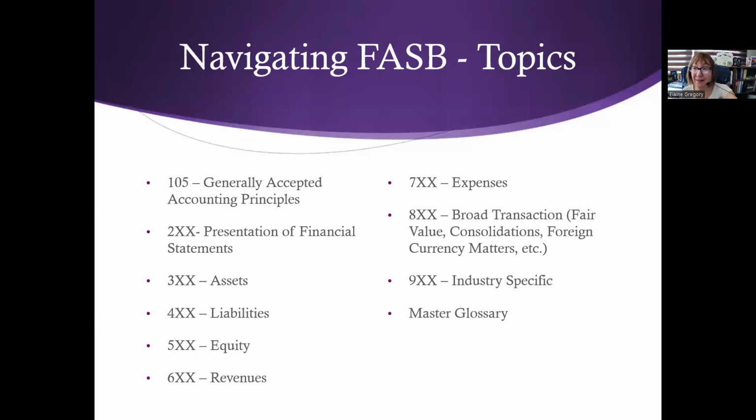They're presented in the FASB, but it would take quite a while for you to muddle through all of the assets to see if there are any industry specific asset standards that pertain to maybe the construction industry or to inventories or whatever. So in the FASB, we actually consolidate that down so that you can look up the airline industry, construction industry. And then finally, there's a master glossary.